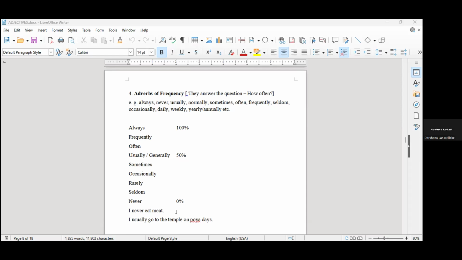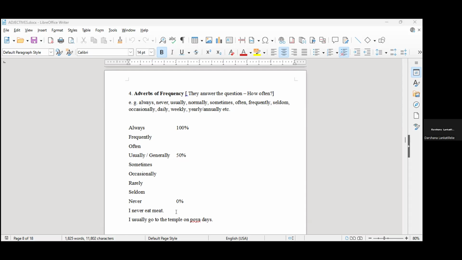Then usually or generally. Usually means as a habit. Generally means samanya. And normally also you can use here. That means 50%. If you do something, half of that.